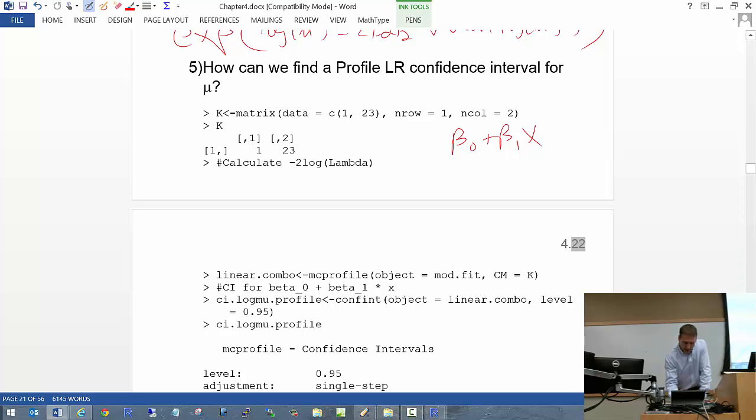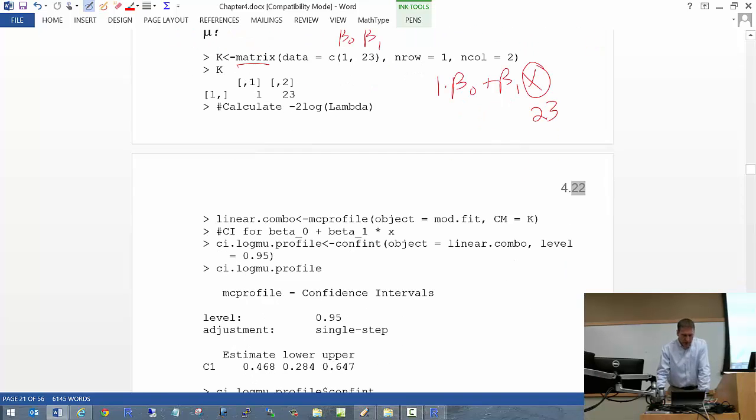Here, in this particular case, I have a coefficient of 1 on beta 0, and then for x, that's 23. So I set up a matrix where this is the corresponding element for beta 0, and the corresponding coefficient on beta 1. Put that into a matrix called K. Then I use mcprofile with the information from fitting the Poisson regression model, CM equal K, coefficients matrix equal K.